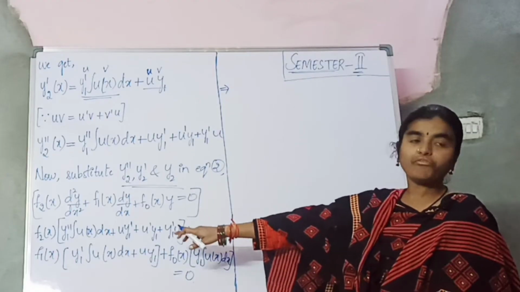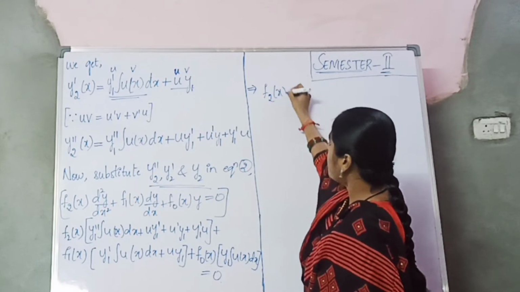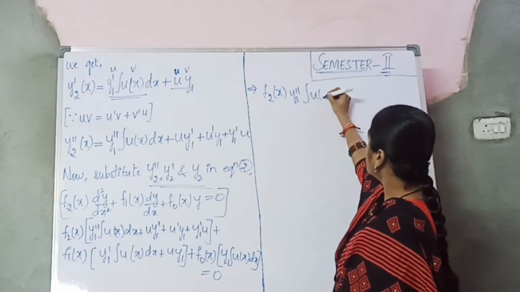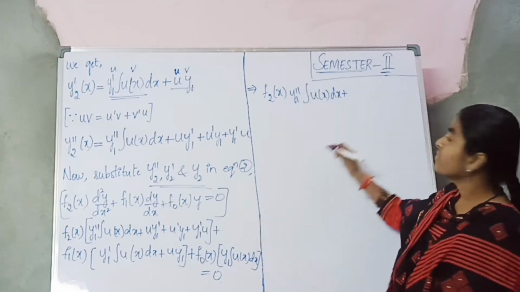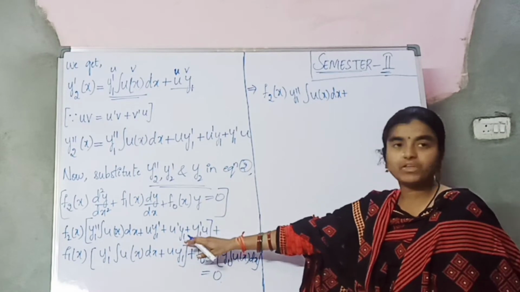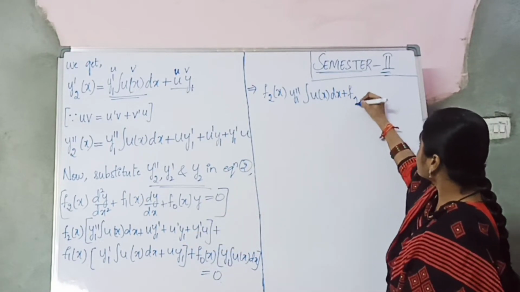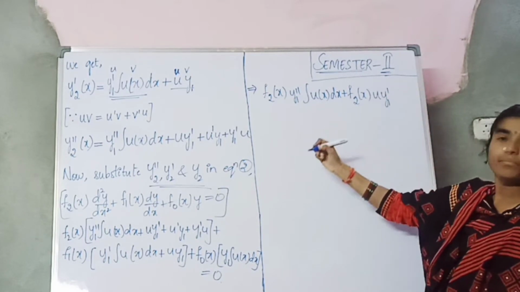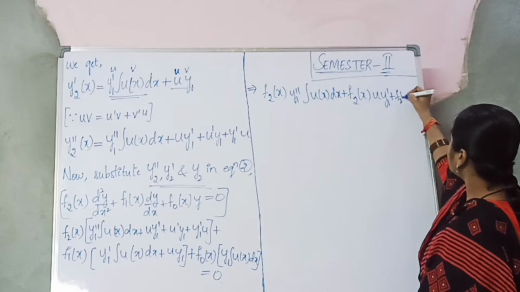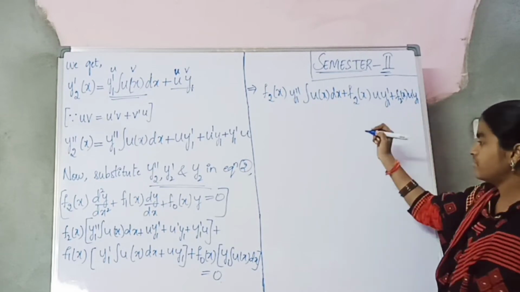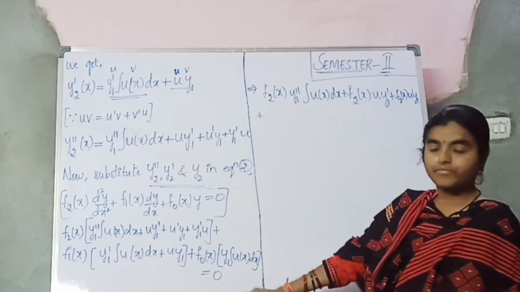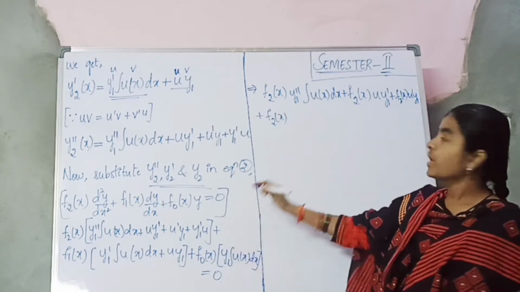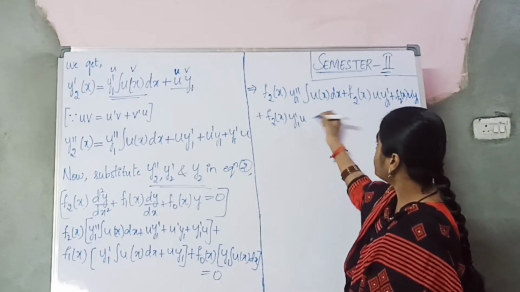Now multiply f2 of x. That implies f2 of x into y1 double dash into the integral of u of x dx, plus f2 of x into u y1 dash, plus f2 of x into u dash y1, plus f2 of x into y1 dash into u.